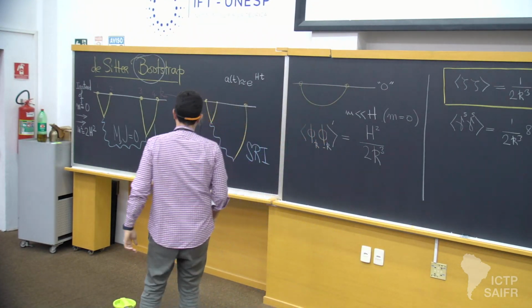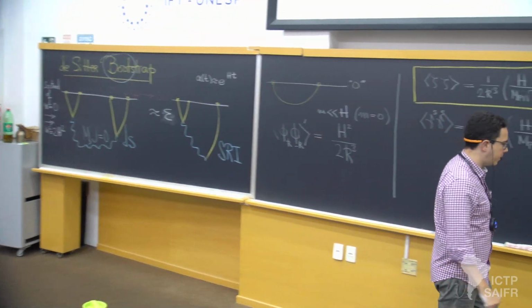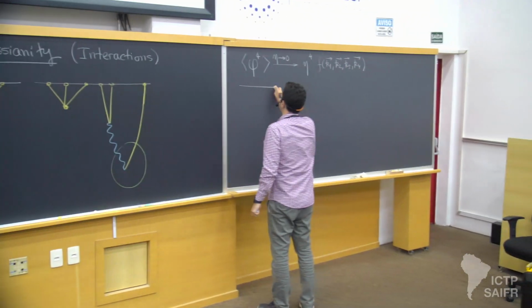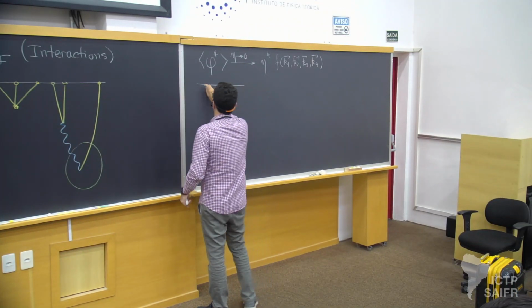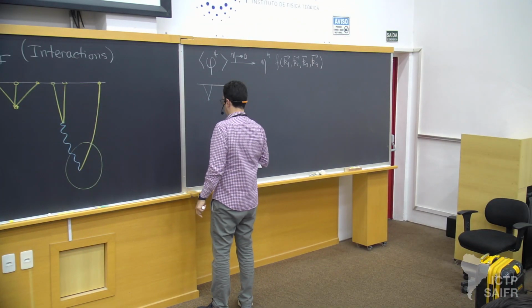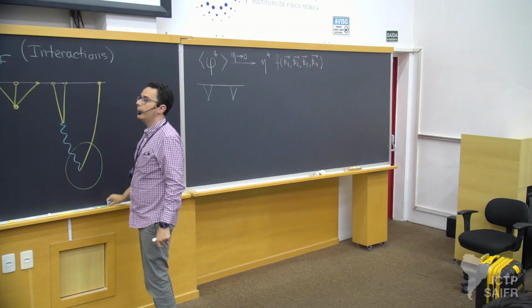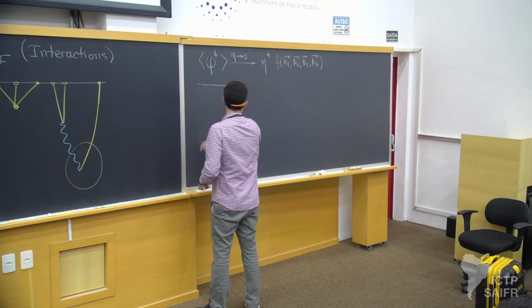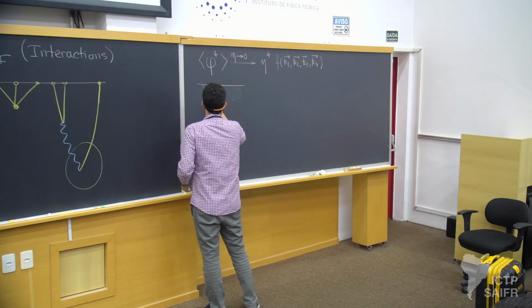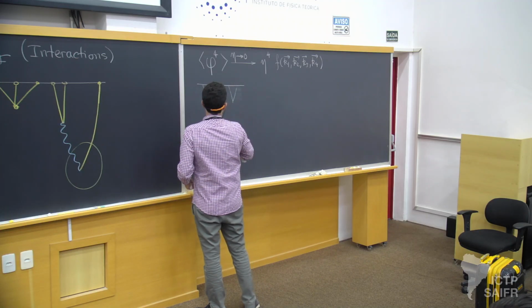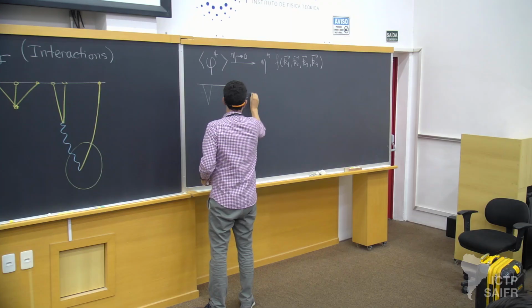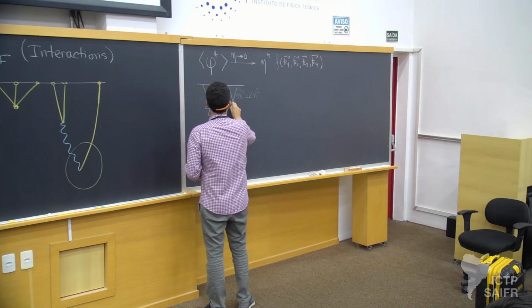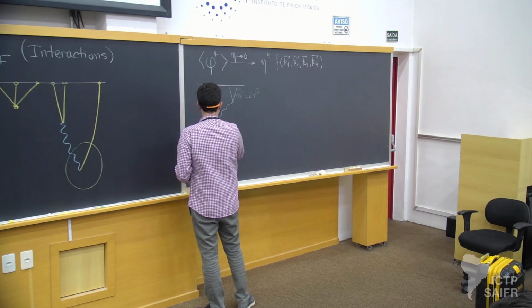So let me just draw a little diagram here. This is our seed that I'm going to study. This is m squared equals 2h squared, and this is m0.